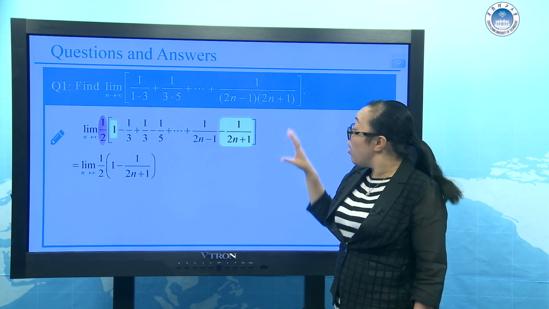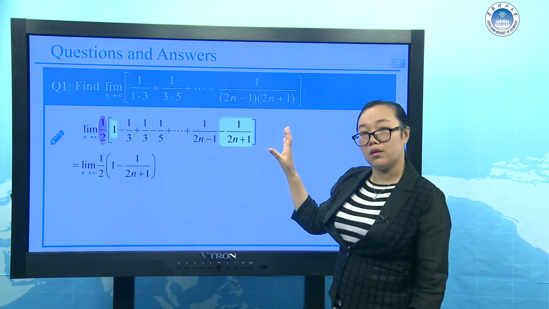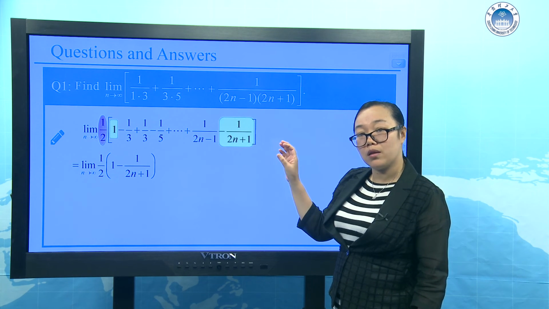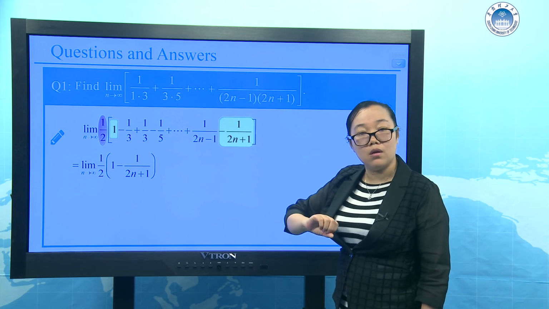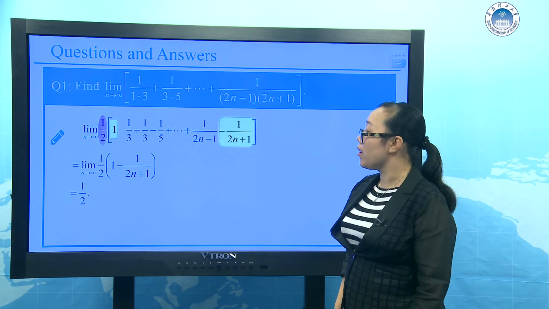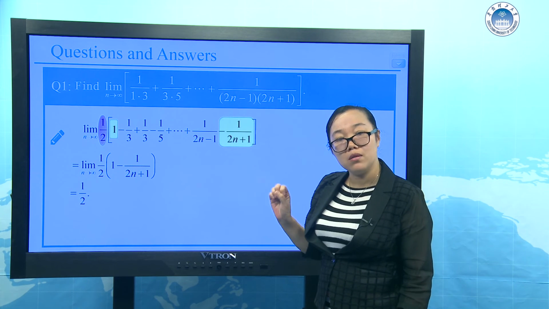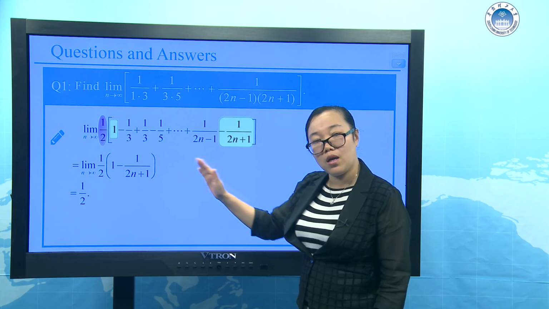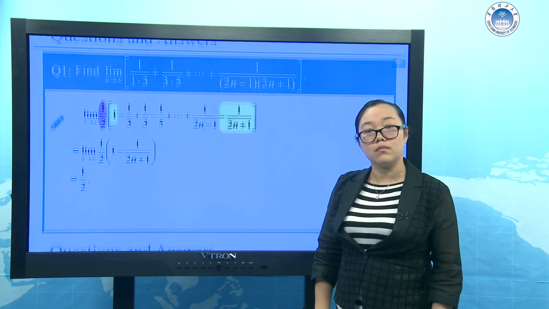So now, the original limit had infinitely many terms, but in the computation it becomes only 2 terms. The question becomes very easy. 1 minus 0 equals 1, and 1 times half equals half. So the final answer is half.